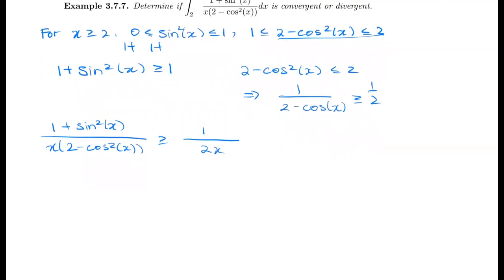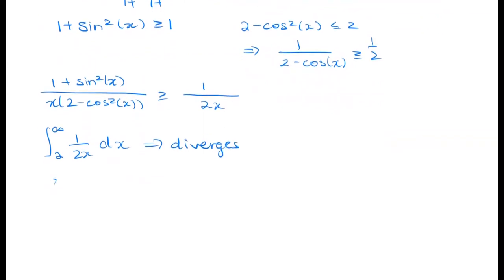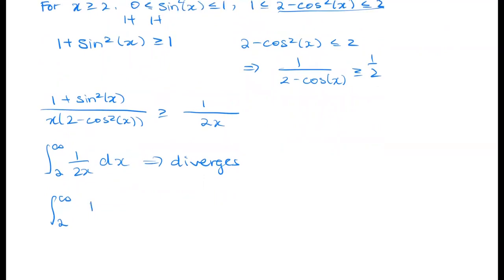But since this integral, 2 to infinity of 1 divided by 2x, diverges, then that means this integral, 1 plus sine squared of x divided by x times 2 minus cos squared of x dx, also diverges.